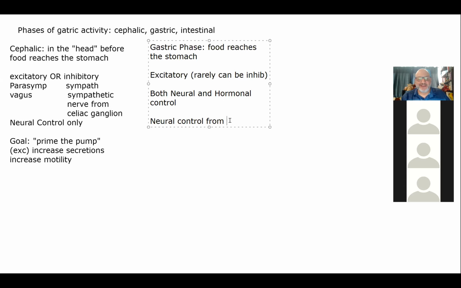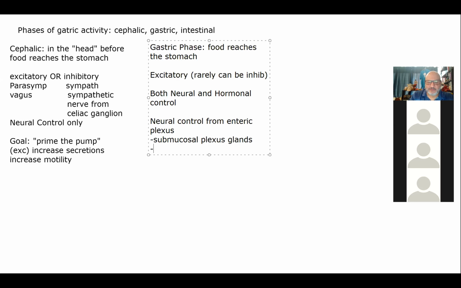It comes from the enteric plexus. But remember that the enteric plexus has 2 components, the submucosal plexus, which controls the glands, and the myenteric plexus, which controls the smooth muscle.